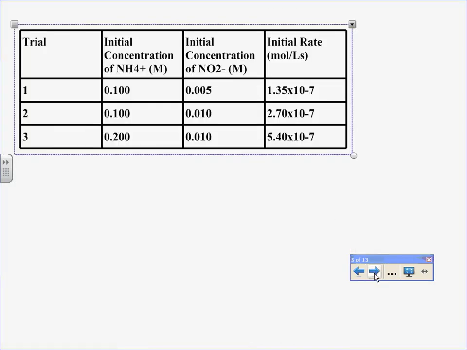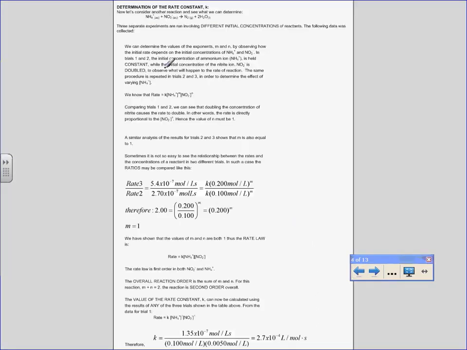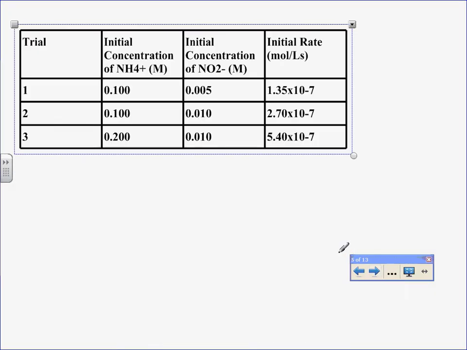Okay, let's look at another example here. In this example, we're looking at this reaction here: NH4 plus plus NO2 minus goes to N2 plus 2H2O. The experimental data that we've collected is here.